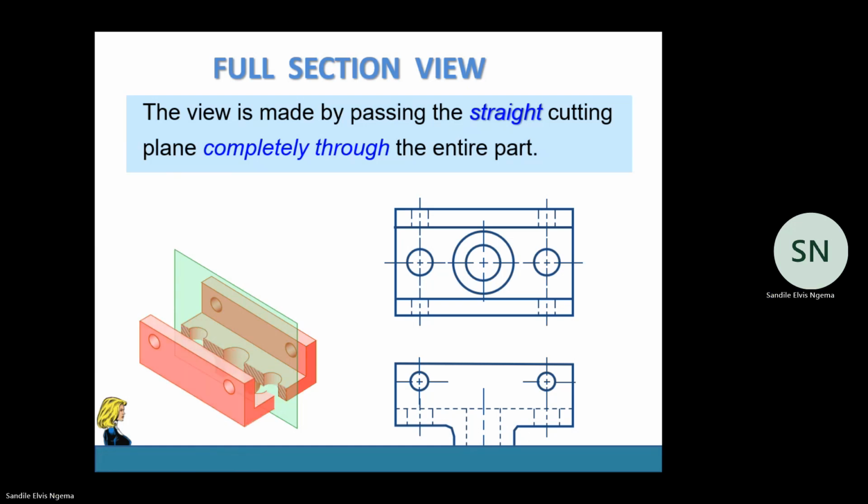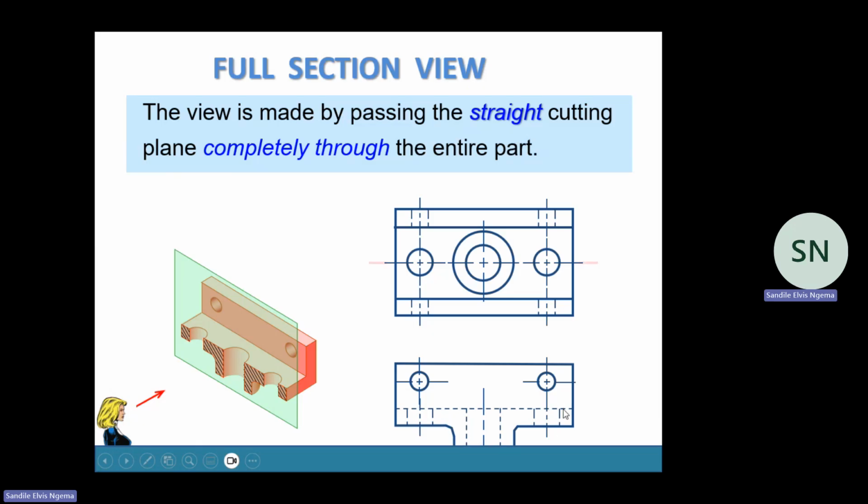Now this is how we cut a drawing. And we are looking at the drawing in the direction of the arrow. Whatever was hidden, we are able to see now, meaning our hidden details from our front view will become solid.